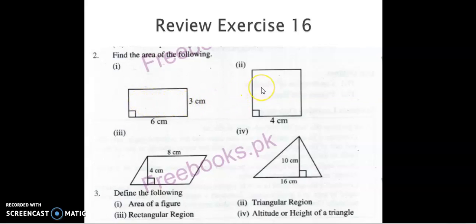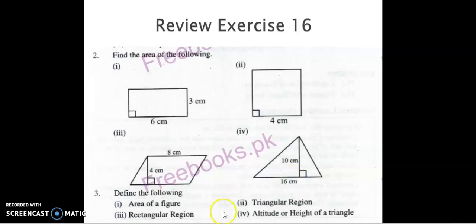In the second part, only one side is given, 4 centimeter, but as you can see, all the 4 sides are equal. It means this is a square. In the third part, it's a parallelogram. We will see how to find the area of a parallelogram, and the last figure is a triangle in which base and height of this triangle are given.